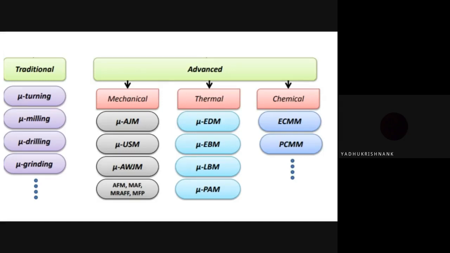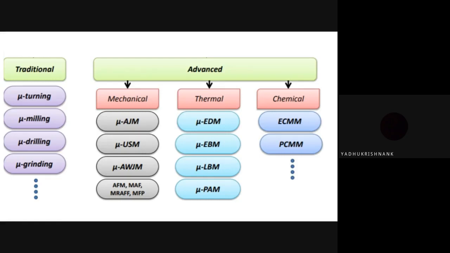And in the advanced processes, here also we have three classifications, like in the case of macro machining: mechanical, thermal, and chemical. This depends on whether the input is mechanical. If we are using mechanical means to remove the material, then it comes under the mechanical portion, that is micro AJM, abrasive jet machining.